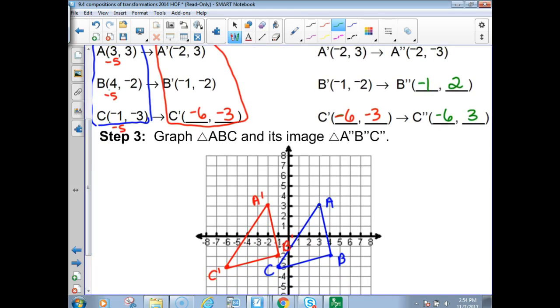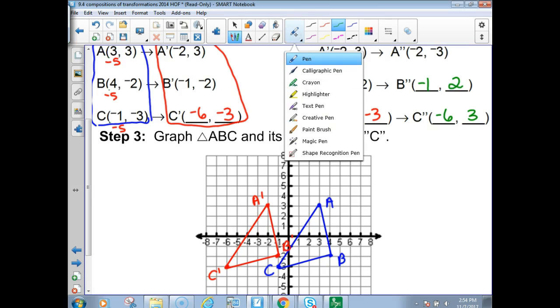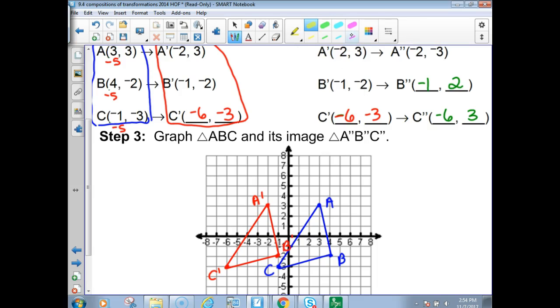Okay, so now I'm going to plot those points. So I'm reflecting, and if you want to, you could just flop them over the x-axis. Let me show you that again. The x-axis is here. Now, A is 1, 2, 3 above the x-axis, so we would go 1, 2, 3 below. I'm going to have to move my letter C because it's in my way. So I'm going to -2, -3. That's A double prime.